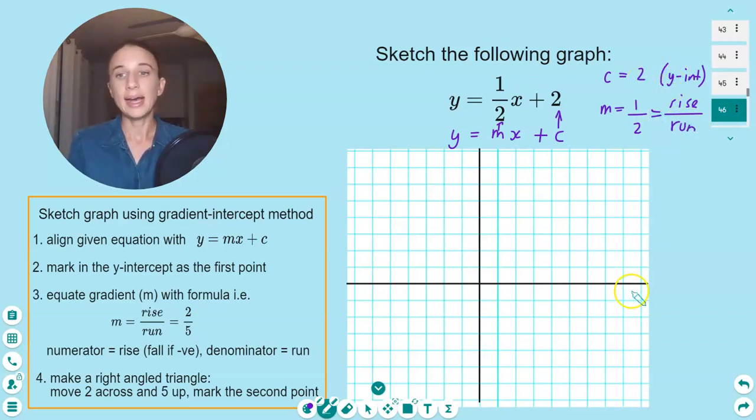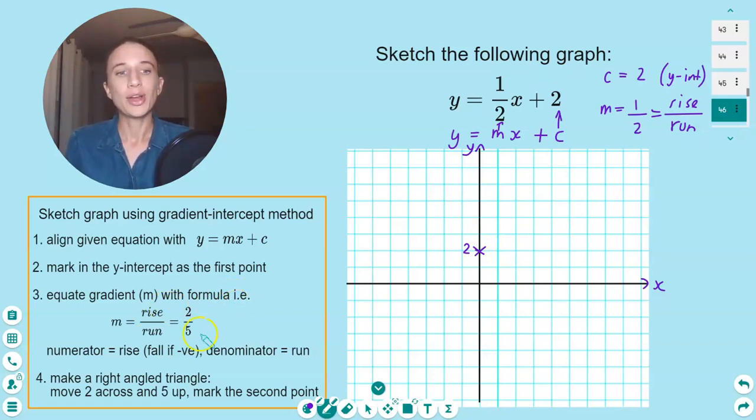Now come to your graph. We've got the x-axis, we've got the y-axis. Start by marking in your y-intercept. The y-intercept is the c value, so I'm going to mark in 2. I'm going to put an X, a cross, there, because that's my first point.